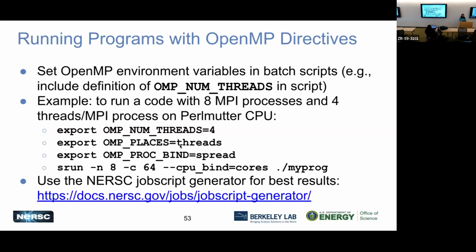I'm not trying to explain this here in much detail, but when you run the hybrid code, I think it's also one of the hands-on exercises here. We have a script generator, and you put in how many MPI tasks you want to use and how many threads you want to use. It'll spit out the settings like this for you.